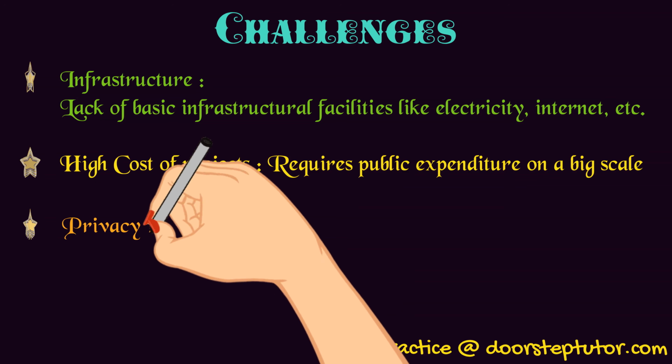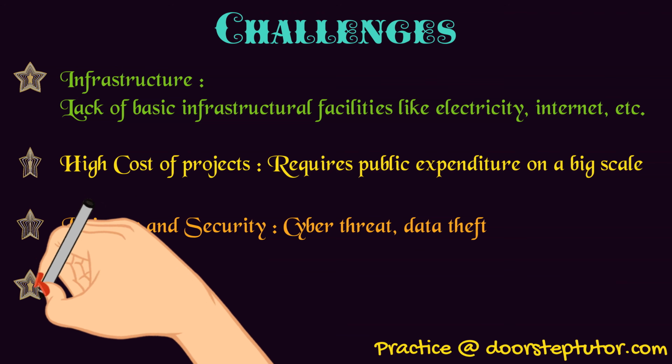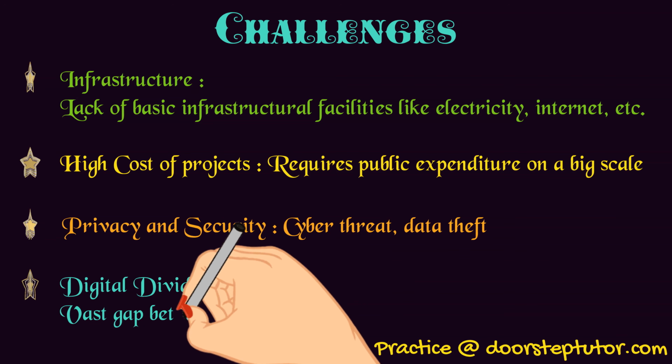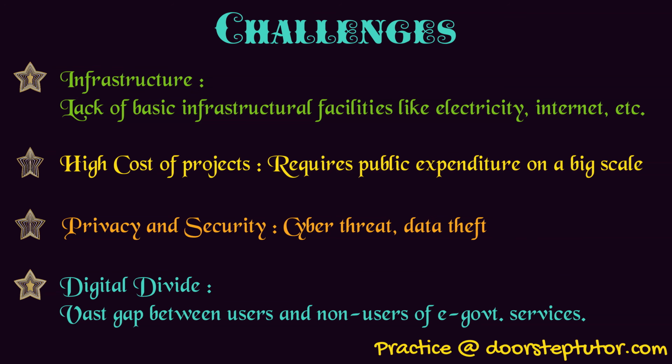There's a threat of data, privacy and security. There's a big digital divide also, that is, there's a huge gap between users and the people who are non-users of e-government services. So these are some of the challenges which the government has to come through.